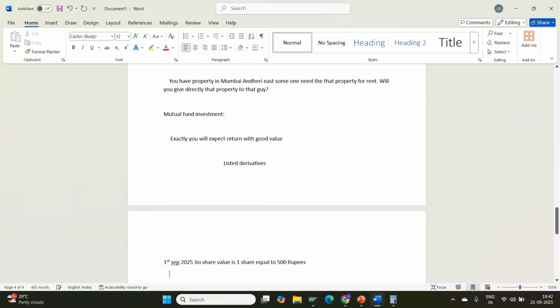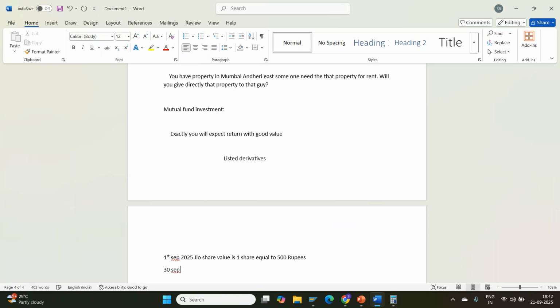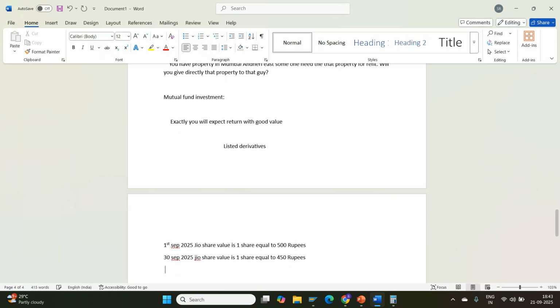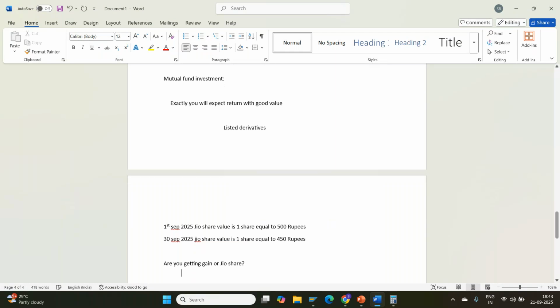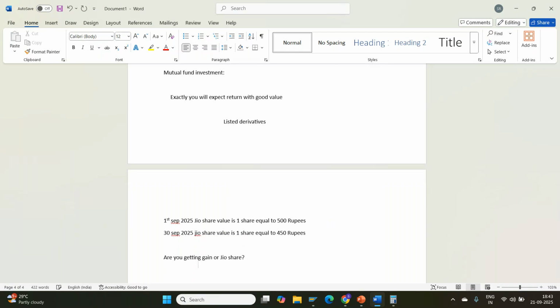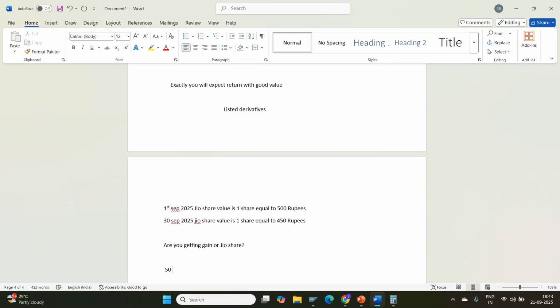On 30 September 2025, Geo share value is one share equal to 450 rupees. Are you getting a gain on Geo share? No, you lost value. Why? Fifty rupees, it's reduced, right?